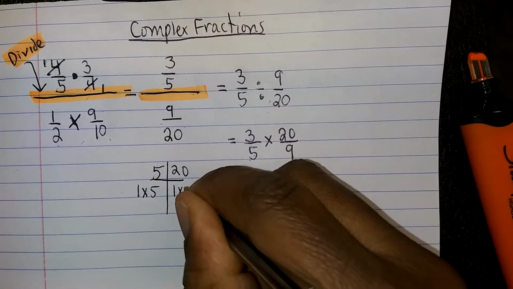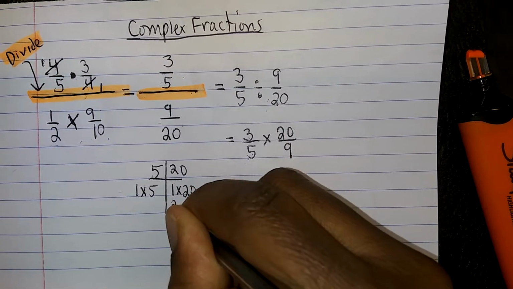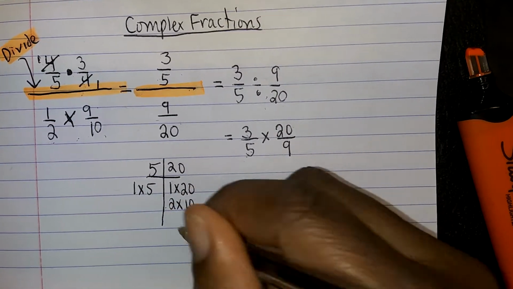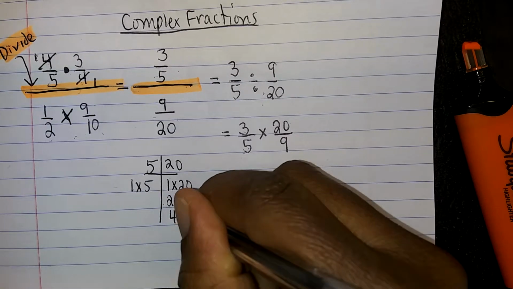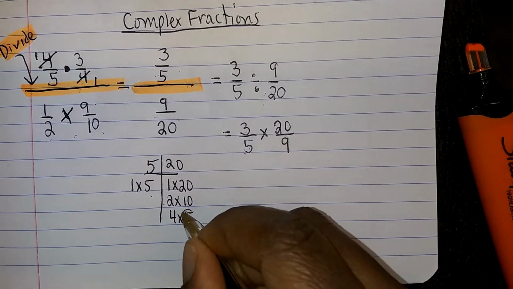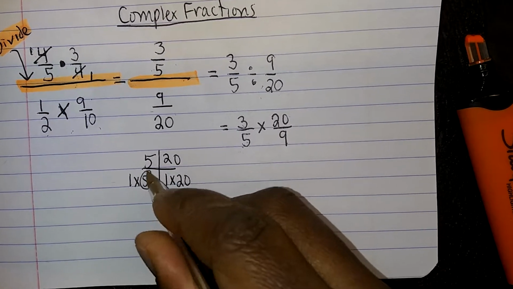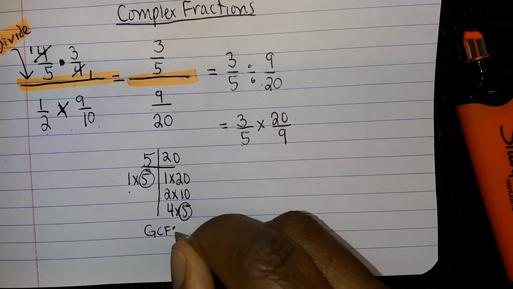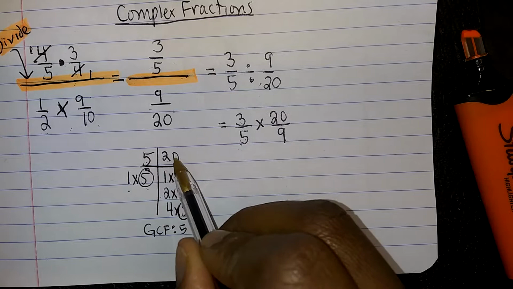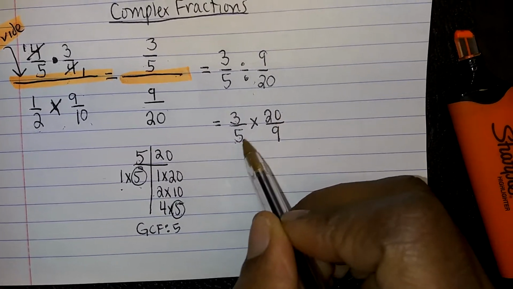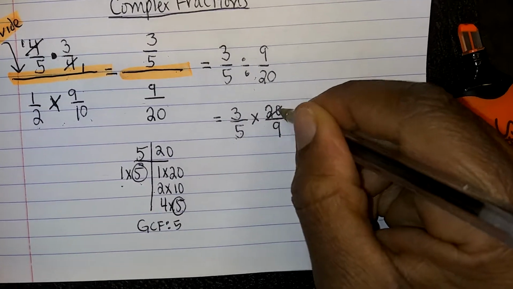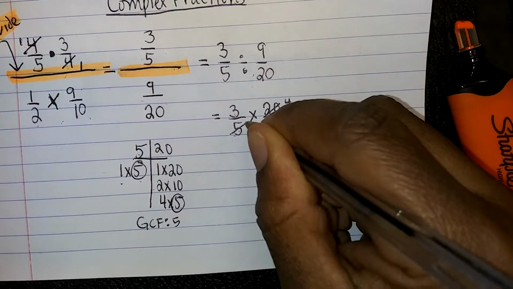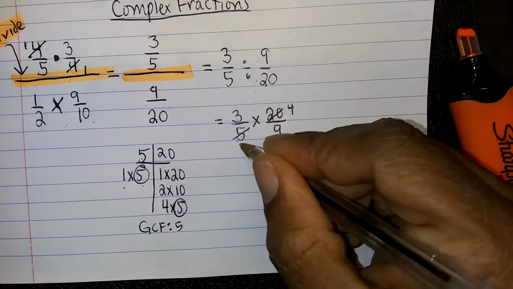Factors of 20 in order are 1 times 20, 2 times 10, 4 times 5. So looking at these, they both have a 5 in common and a 1, but the greatest common factor is 5. That's what I'll divide the 5 by and the 20 by. 20 divided by 5 is 4, and 5 divided by the greatest common factor of 5 is 1.